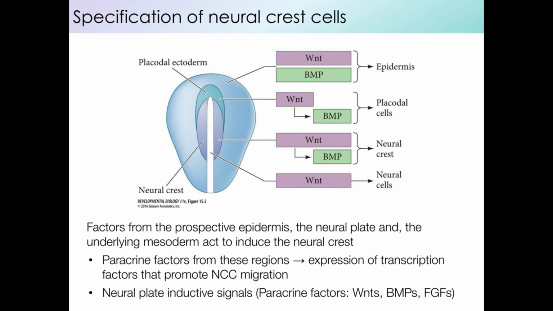It has been shown that for the neural crest to be induced, Wnt signaling has to induce BMP, and Wnt signaling needs to remain on. And this in part is important for modulating the levels of BMP so that they are intermediate. And if you recall from our earlier lectures, intermediate levels of BMP are needed to specify the neural crest.